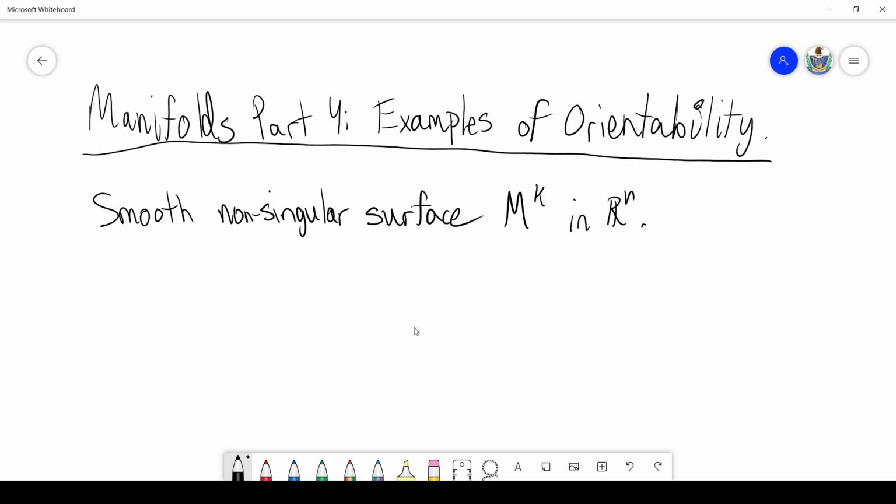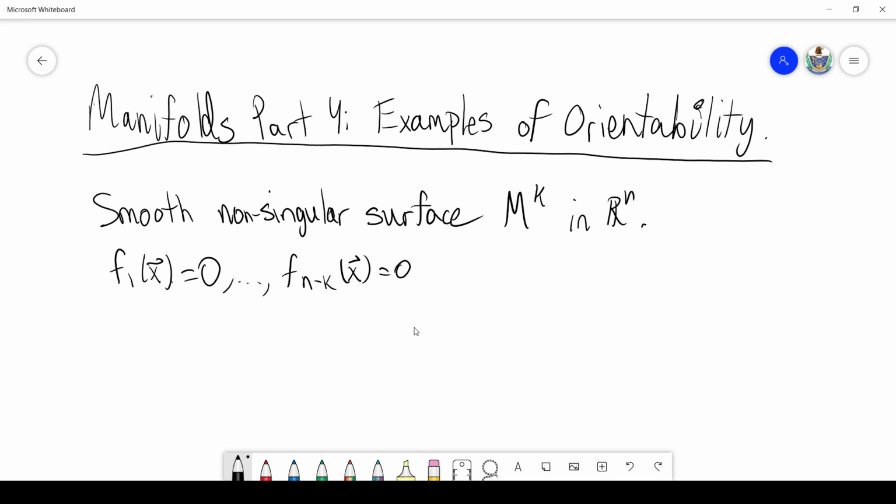So MK, I'll just call it MK, is a k-dimensional surface, which is defined by a system of equations, n minus k equations in terms of the variable x, which is in Rn, so that's why I'm writing it with this little vector notation.